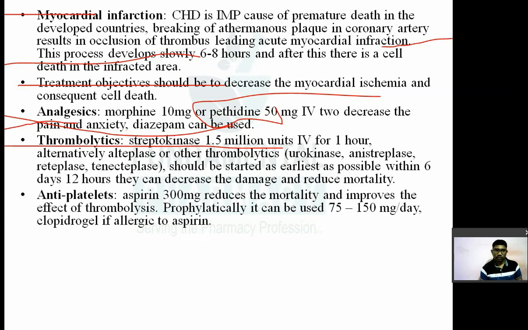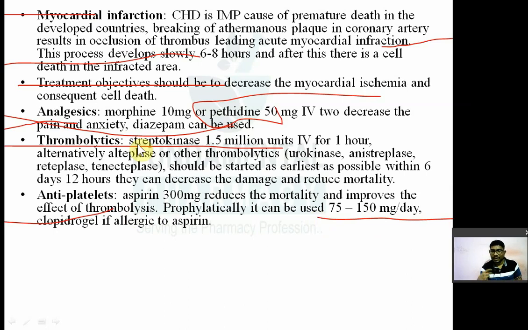Now antiplatelet agents. They are mostly used for prophylactic purposes. Aspirin 300 milligram reduces mortality and improves the effect of thrombolysis in acute myocardial infarction, and prophylactically it can be used in a dose of 75 to 150 milligram daily.